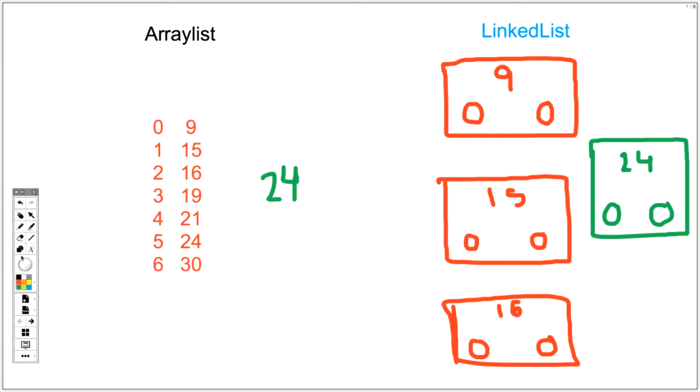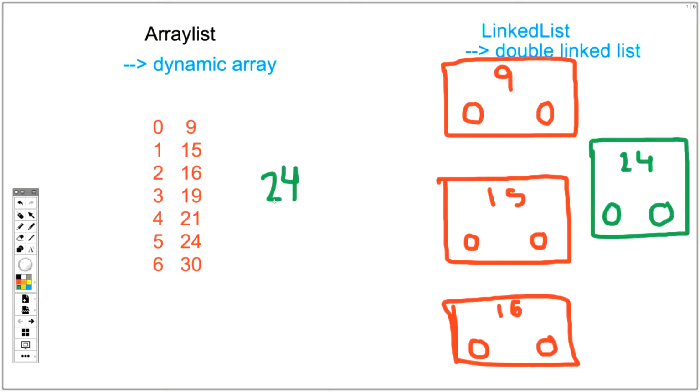An ArrayList is what we call a dynamic array, whereas a linked list uses a double linked list. First off, I'm going to start with the array list and show how it's used.